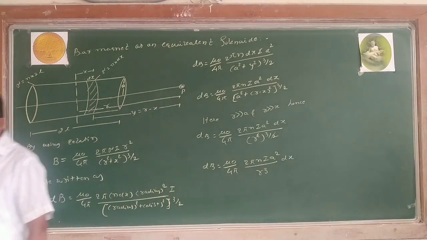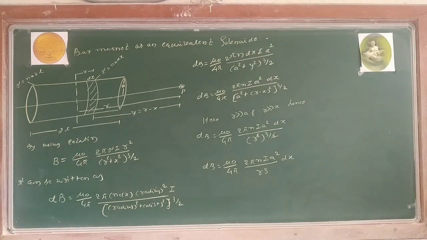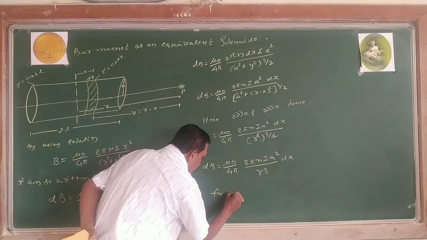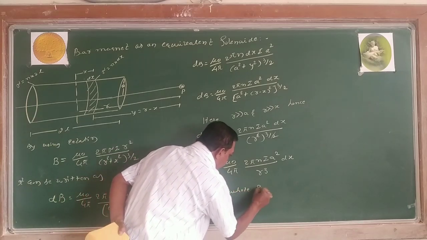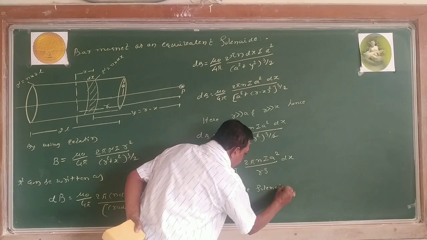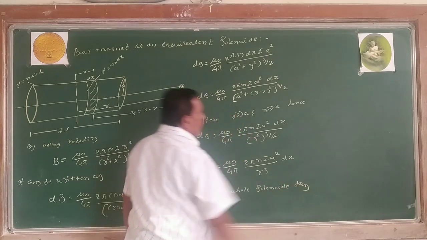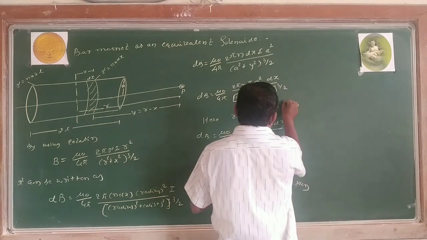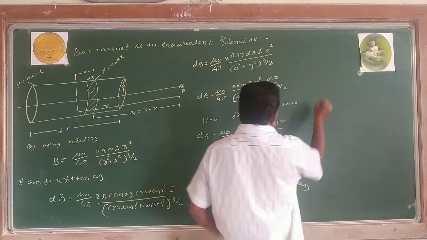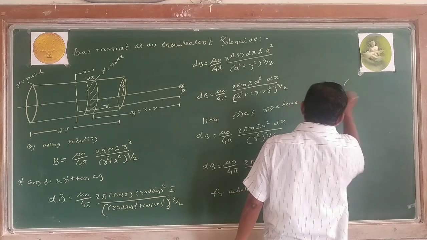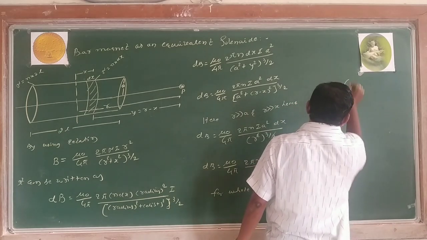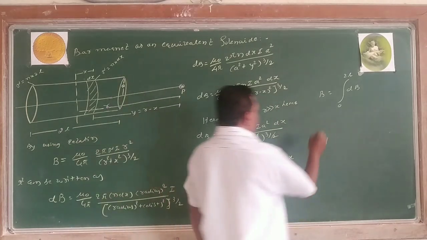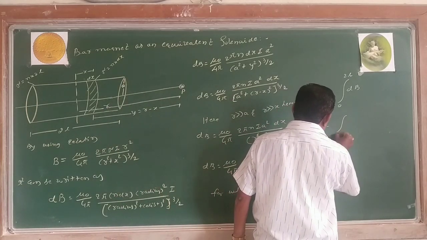I need the whole coil, that is, the whole solenoid. For the whole solenoid, B equals the integration of dB from 0 to 2L. The length is 0 to 2L. What is dB?